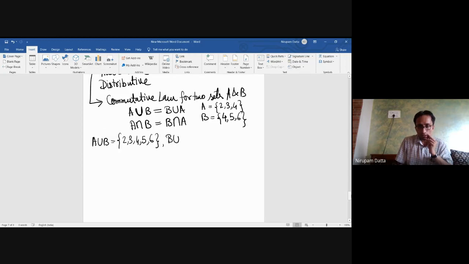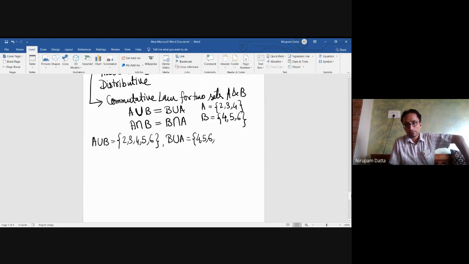Similarly, B union A, the elements that are either in set B or in set A, are 4, 5, 6, 3, 2. So the elements in A union B are the same as the elements in B union A. So we can write A union B equal to B union A.